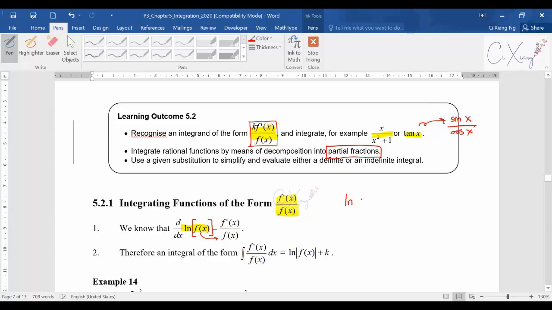So when you do the differentiation for log fx, the answer that you get is f prime x over fx. Maybe I write it in this pattern will be better. So I get the f prime x over fx pattern.